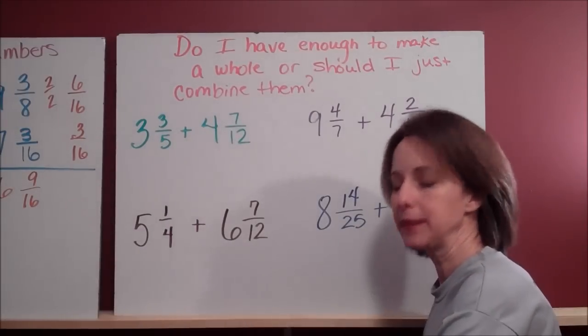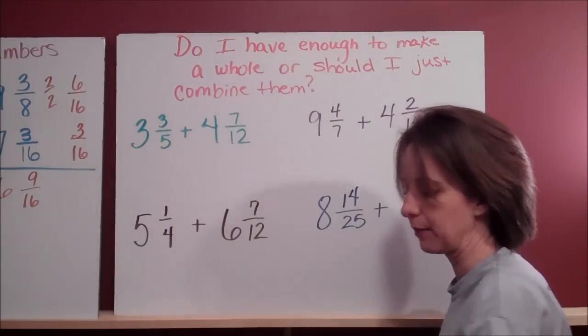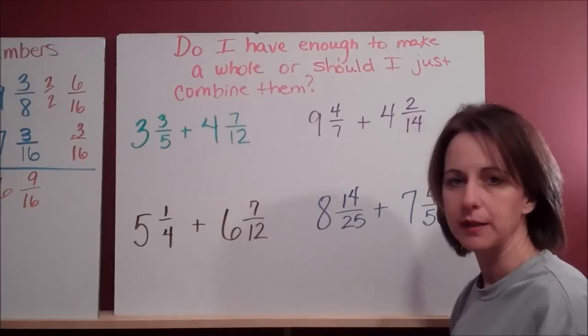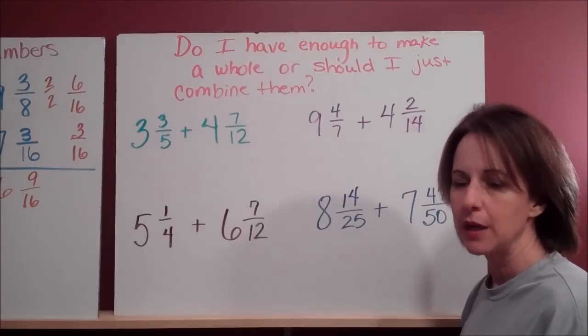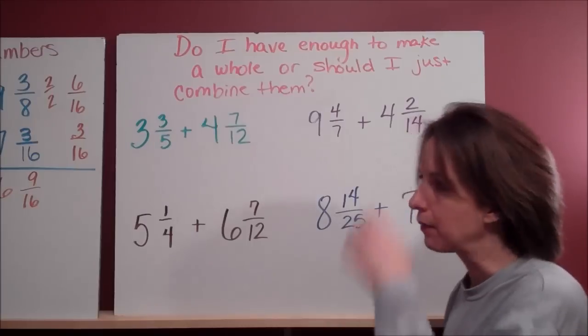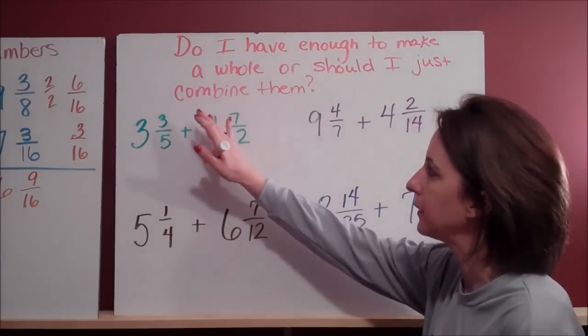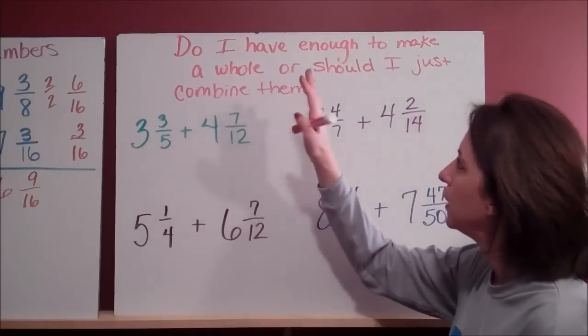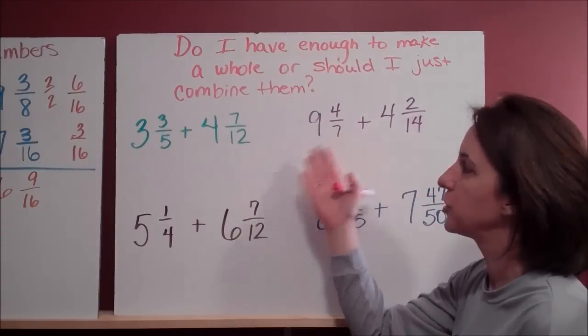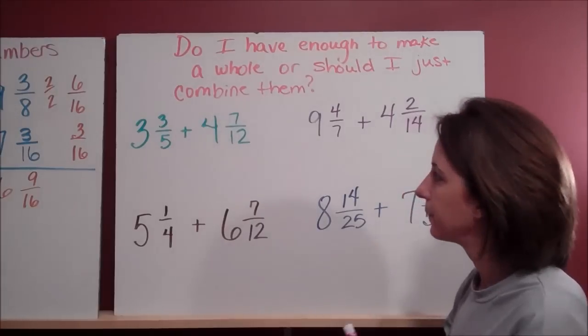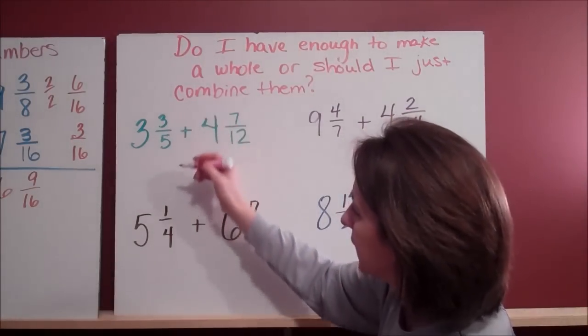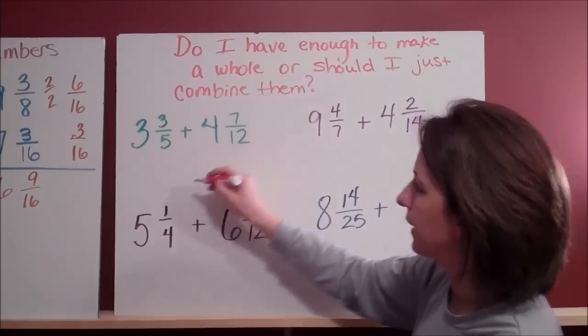Now, sometimes students get so excited about making a bond or changing the fraction because they've learned something that's a little bit harder that they do it on the easy problems. And so it's really important that you ask yourself, once you've gotten to that point, do I have enough to make a whole, or should I just combine them? So 3 and 3/5 plus 4 and 7/12.